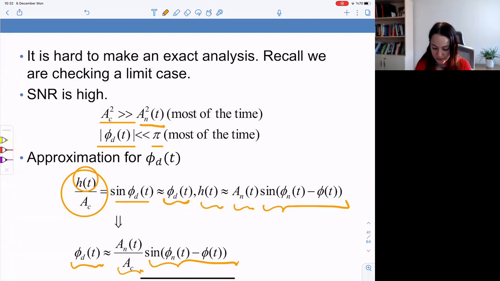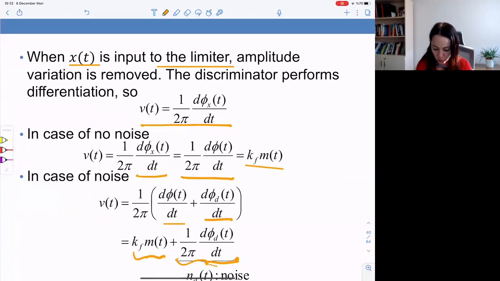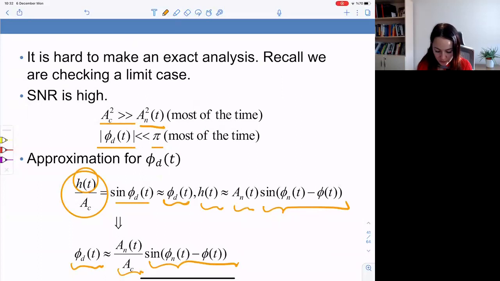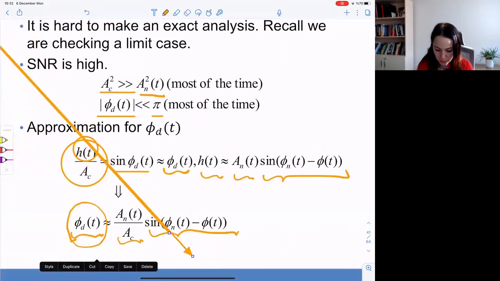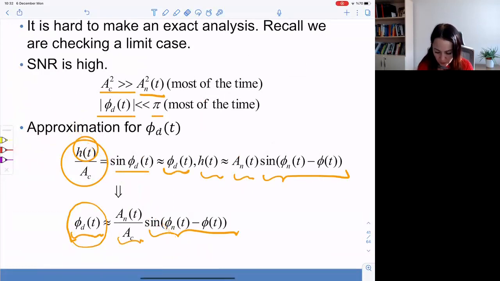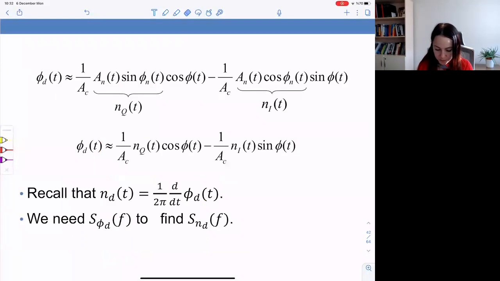We're trying to express this noise term in terms of things that we know. So at the moment, we've expressed the noise term in terms of the sine of the phase of the noise minus the phase of the signal.